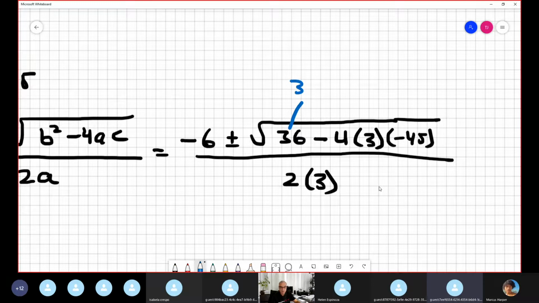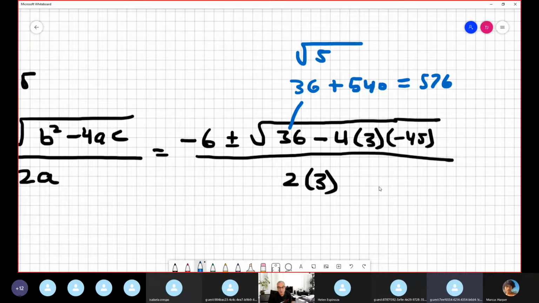This is 36, no problem, but this is plus, because negative and negative together is positive. 4 times 3 is 12, and 12 times 45 is 540. 540 plus 36 is 576.